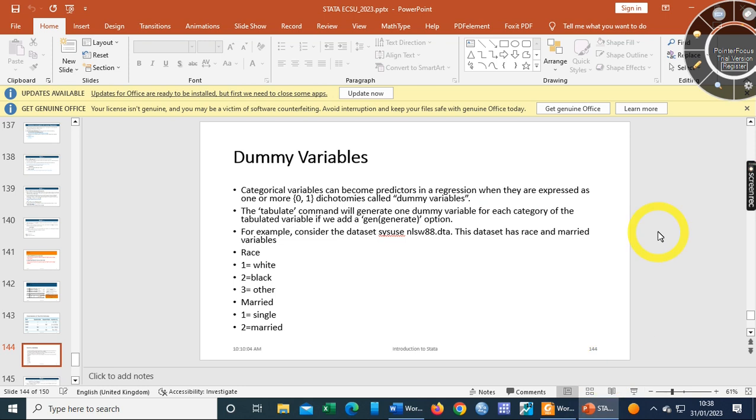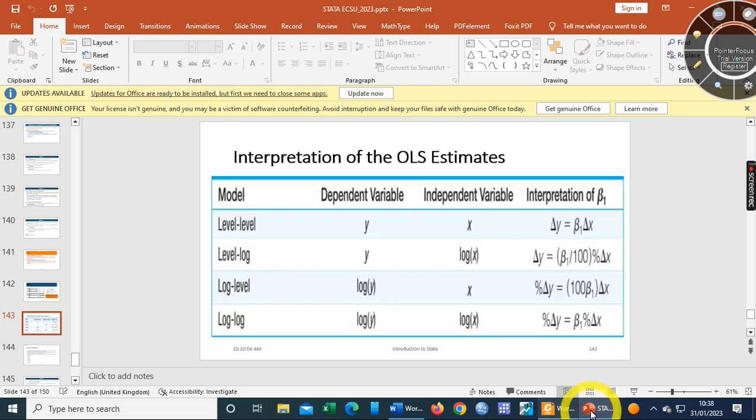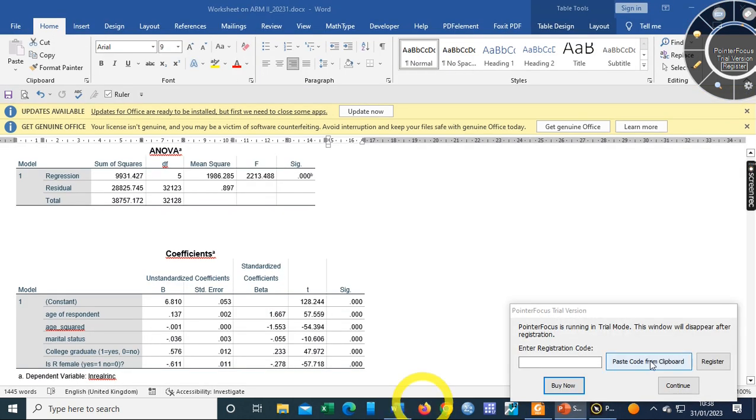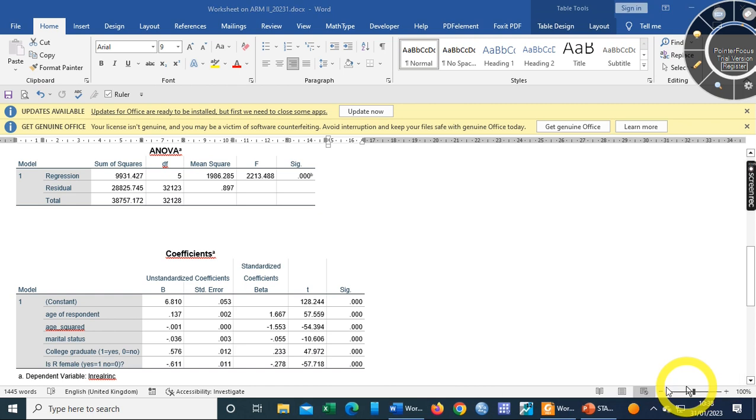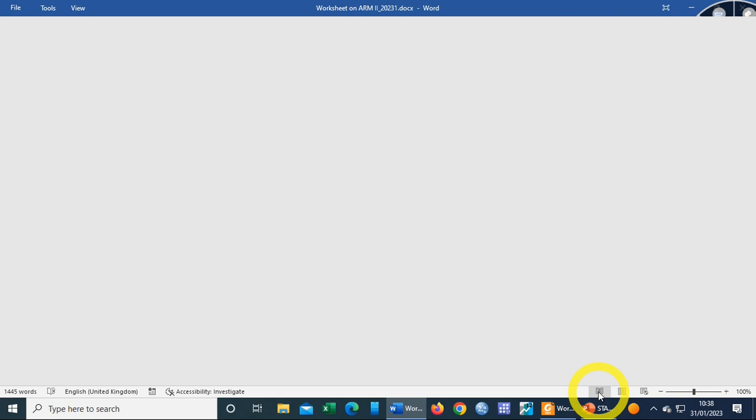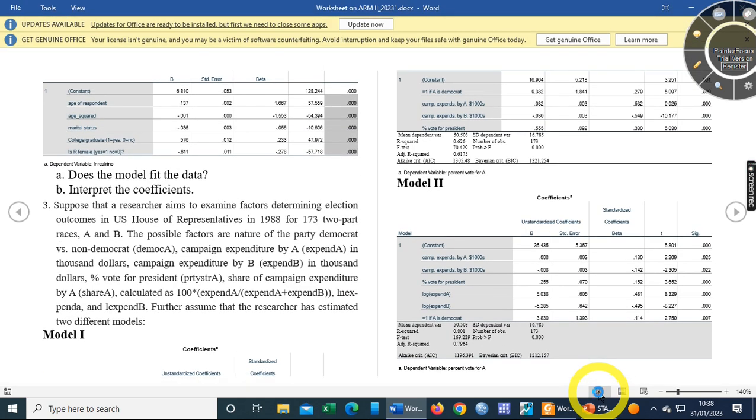Well, let's get back to our example. Here is the estimated model.